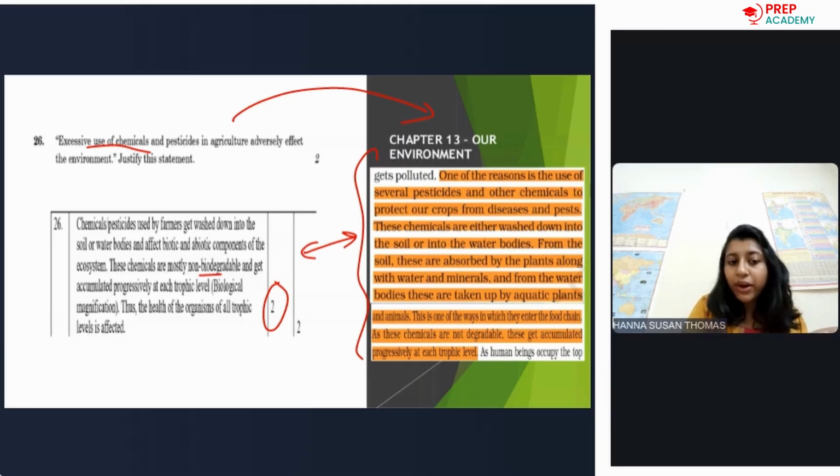These chemicals are mostly non-biodegradable and accumulate progressively at each trophic level, which we call biological magnification. Thus, when it comes inside the food chain, all organisms involved in the food chain will get some amount of these chemicals inside them, and that will deteriorate their health. If you write this answer beautifully, you will be rewarded with 2 marks.